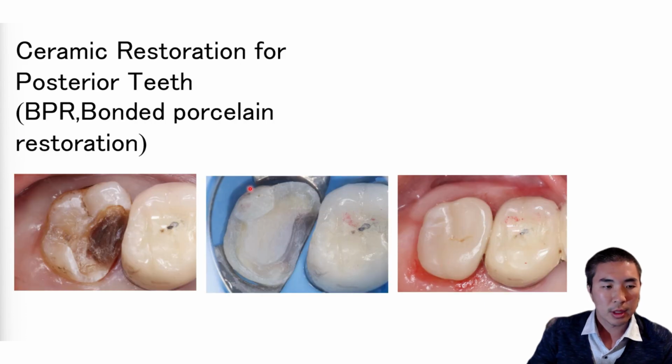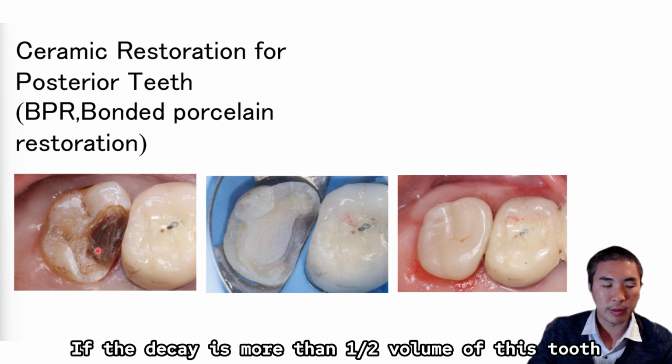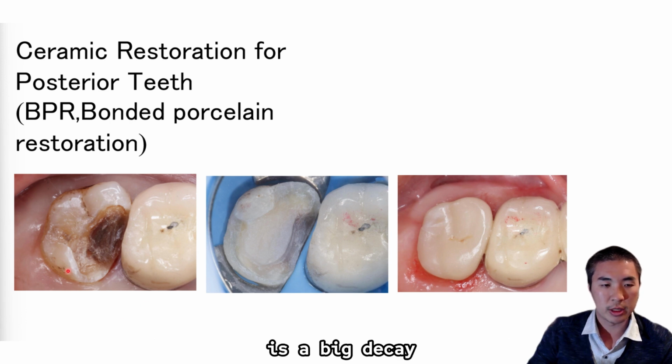And in posterior teeth, we have large decay. If the decay is more than half the volume of the tooth, it's a big decay.